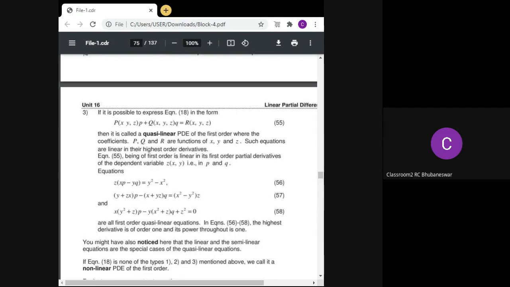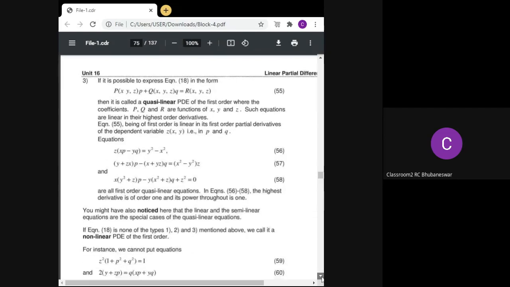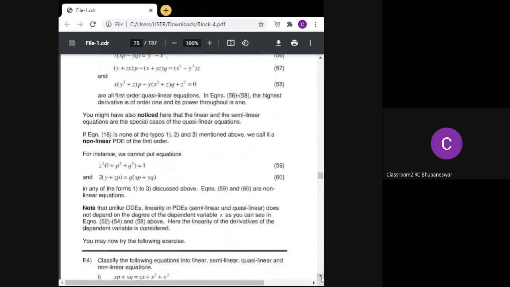So clearly you can say that this kind of equation is known as a quasi-linear first order partial differential equation. Till now we have discussed three kinds of first order partial differential equation. First one is linear, then semi-linear, third one is quasi-linear.